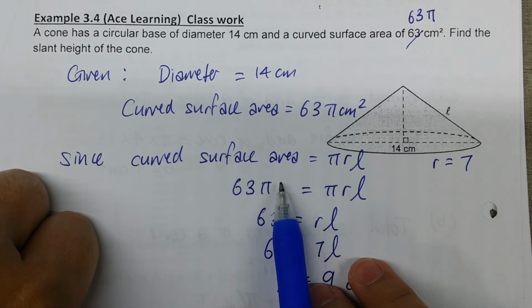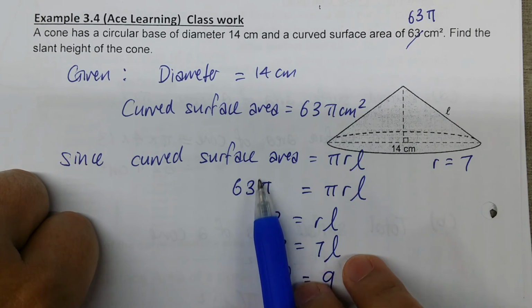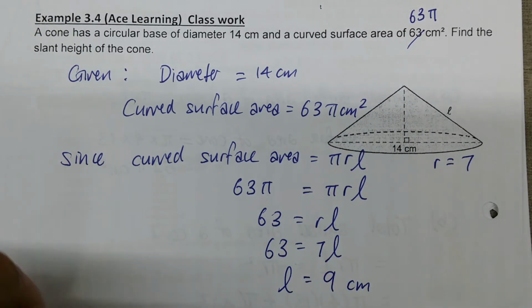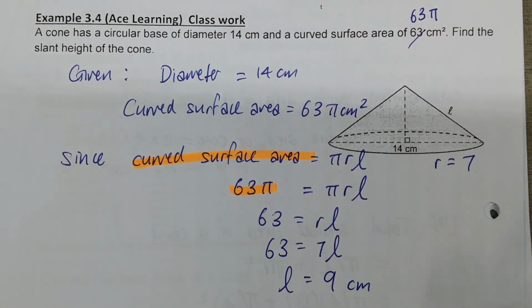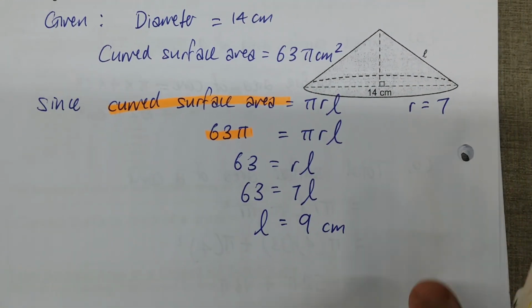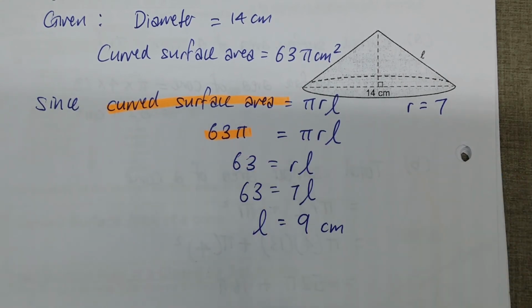So curved surface area formula is pi r L. Curved surface area replaced by 63 pi. Then let's see what else I know. Both sides have pi, cancel away.